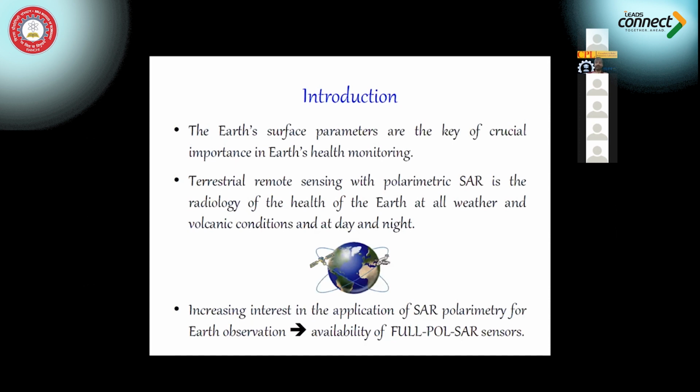It's not that you do it once in a while; you need regular monitoring. In that way, radar remote sensing is complementary to optical remote sensing. And if you have advanced radar remote sensing techniques, for example all polarization combinations measured with the radar system, then it will be very good.